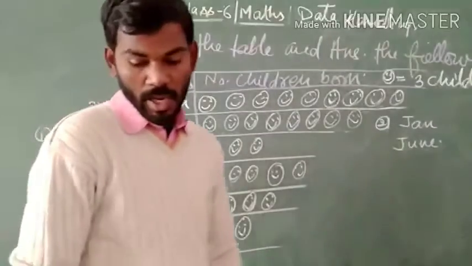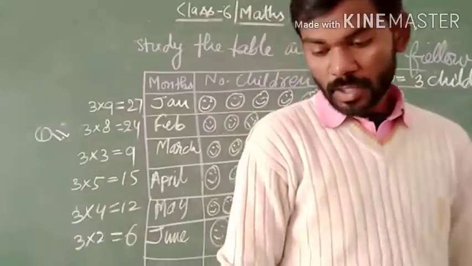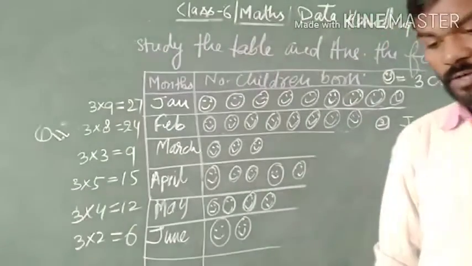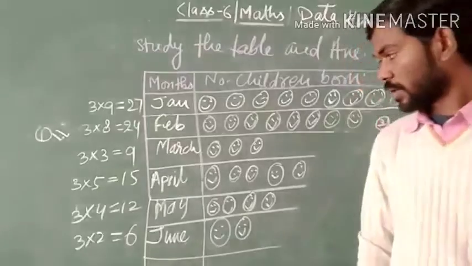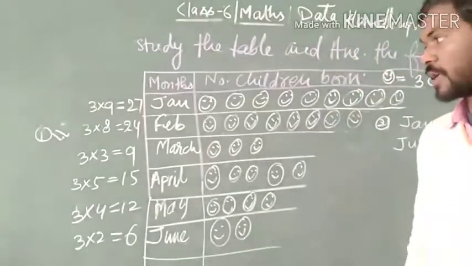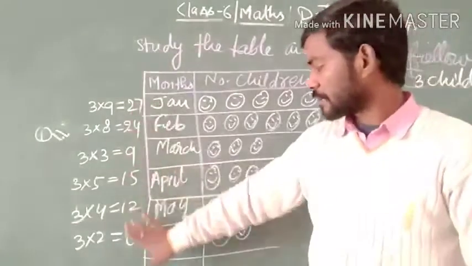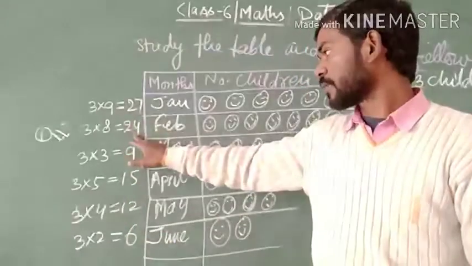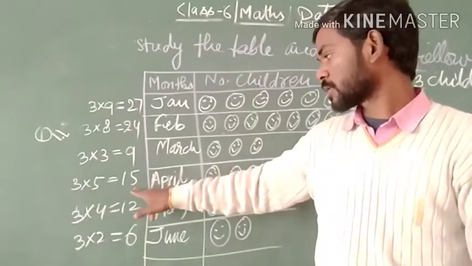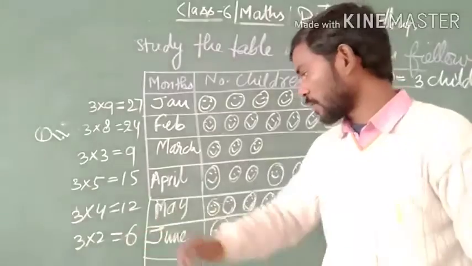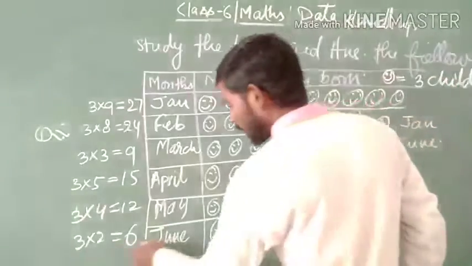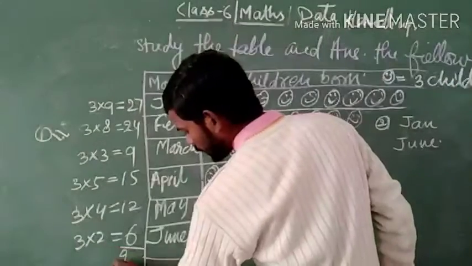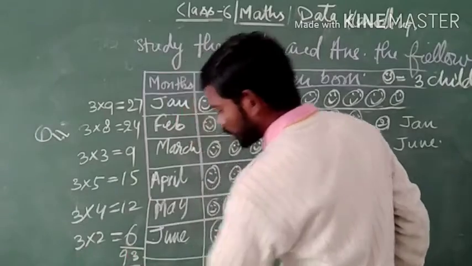The next question: how many children were born in all from January to June? Here we just add these numbers: 27 plus 24 plus 9 plus 15, 15 plus 12, 12 plus 6, and when we add, we get a total of 93.